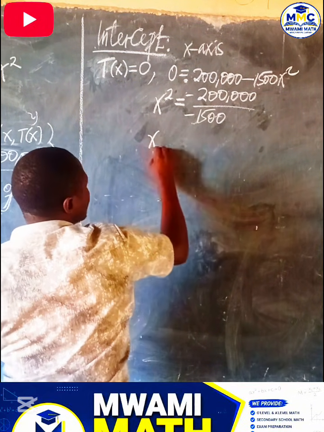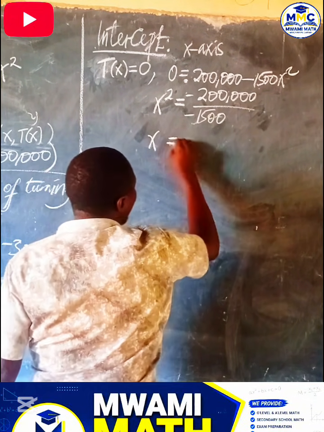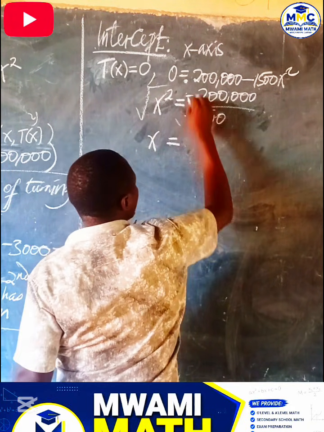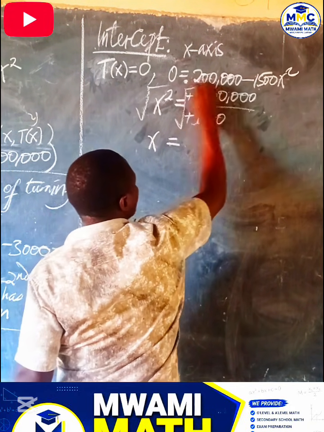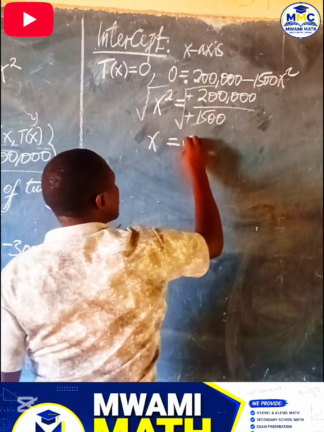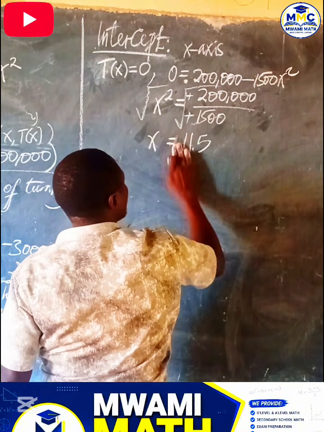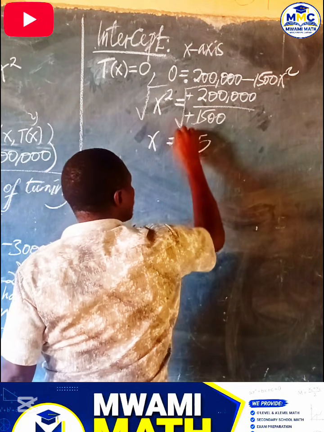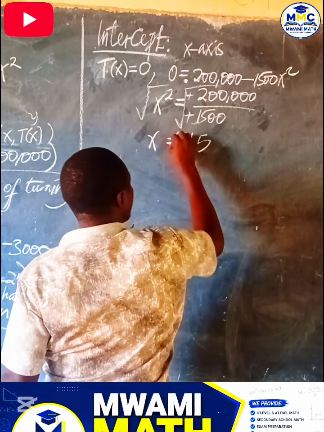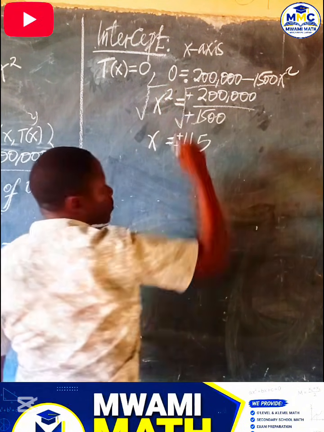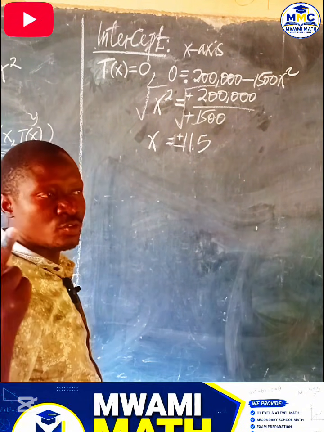So this gives us our x squared. At this point, we can even get the square root. This one becomes a positive, get the square root on both sides. We shall come up with 11.5. Actually, there will be two values, positive and negative. Because this is x squared, we shall have two values.